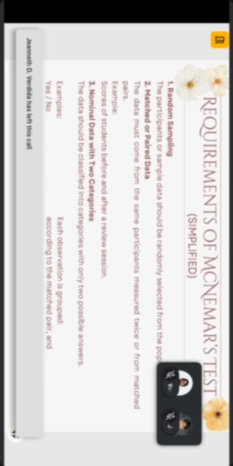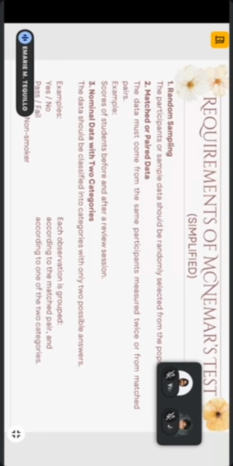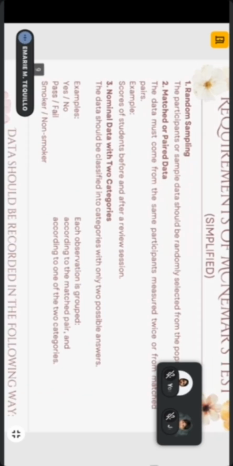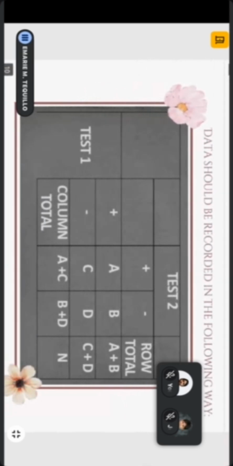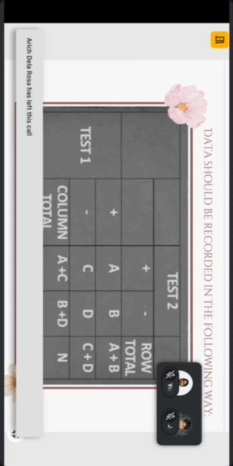So it is easy to understand. I think I don't need to explain the requirements anymore since they were explained in the previous slides. So, let's proceed to the next slide already so we don't cause too much delay.